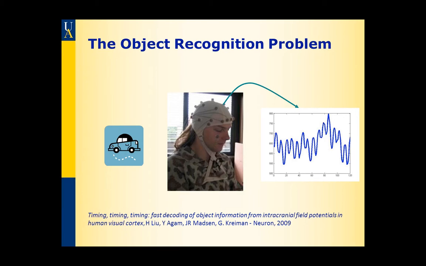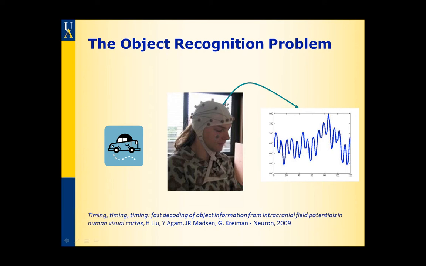The idea is to try to understand how the human brain works when looking at things. Here, as you can see, there's a person with electrodes in the head, and we are showing him a car.